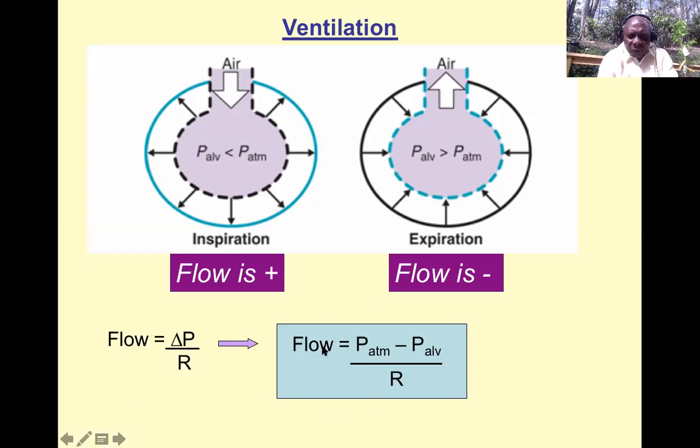If we expand this, it's the pressure difference between the partial pressure of the atmosphere minus the partial pressure of the alveolar. That gives you the steepness, and you divide that by resistance.